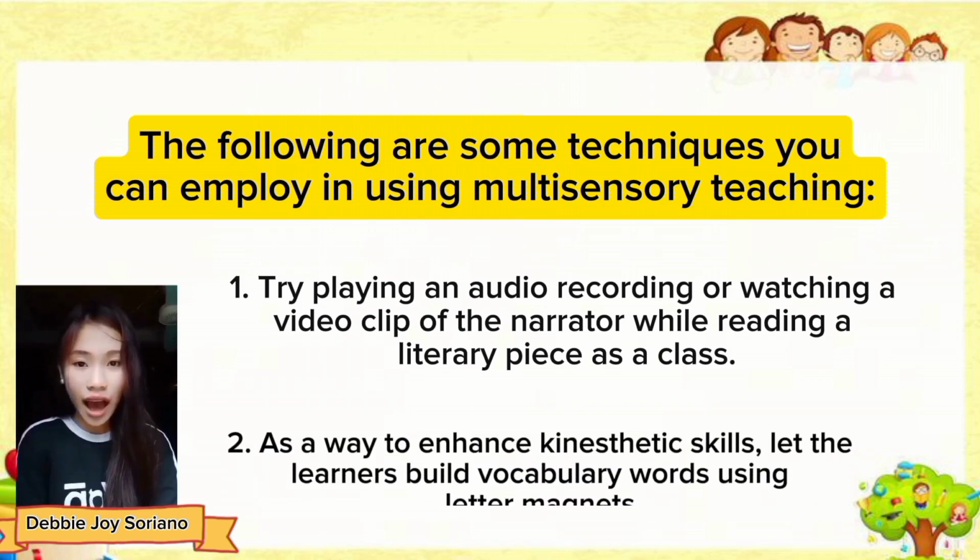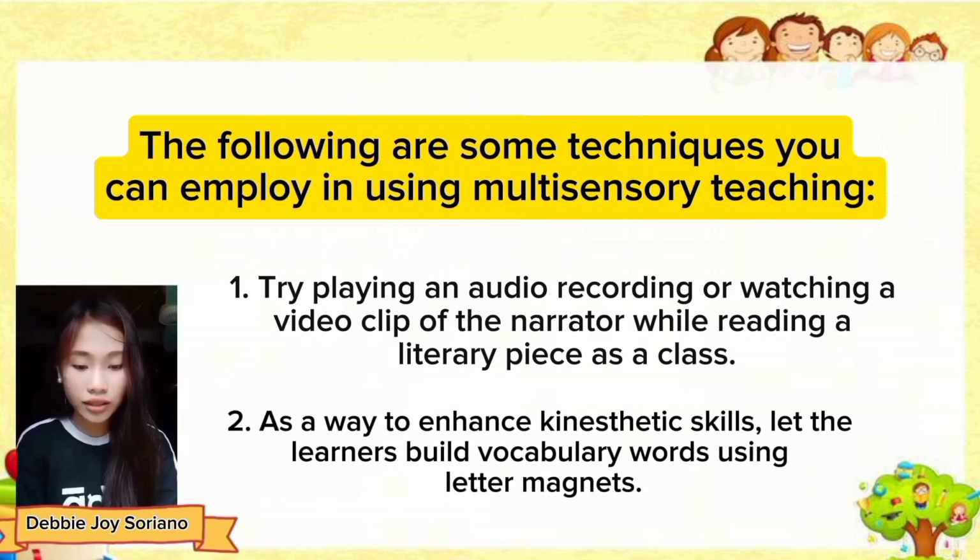Second, as a way to enhance kinesthetic skills, let the learners build vocabulary words using letter magnets. For example, Flip It games with letter magnets are the perfect way to work on letter-sound correspondence. Turn over all letters in the set face down.